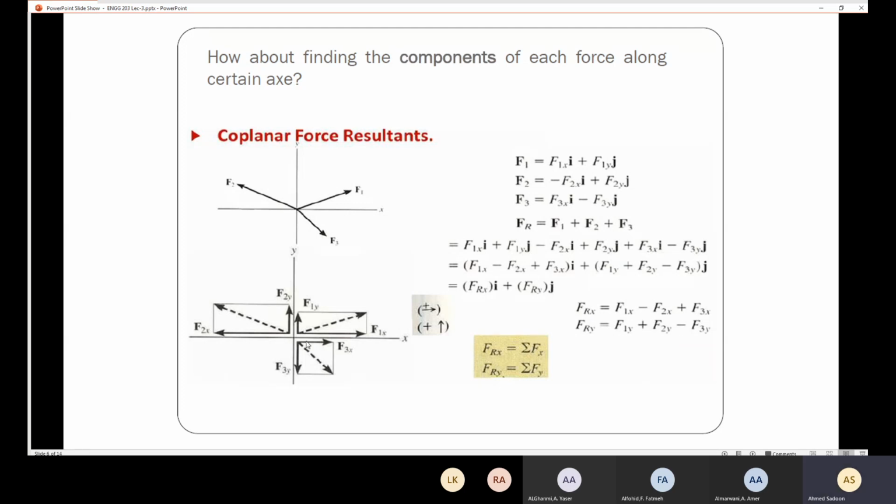So Frx is the summation of the forces in x direction. This one is positive, this one is positive, this one is negative. And Fry, the components in y direction. This one is positive, this one is positive, and this one is negative because this one is down.